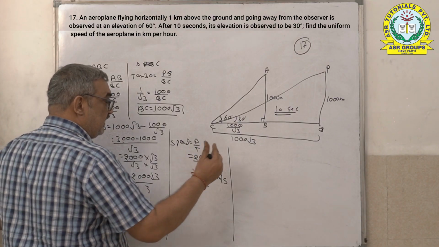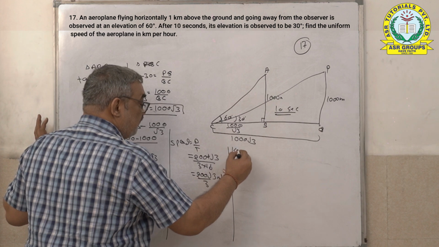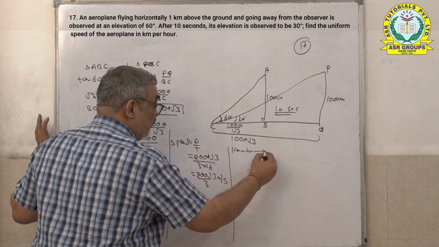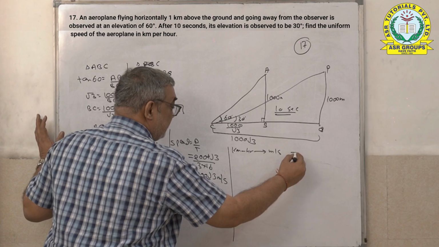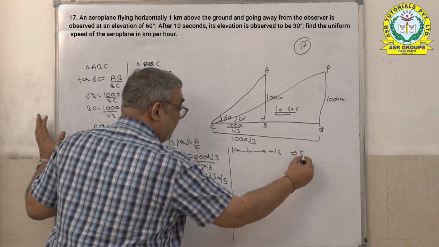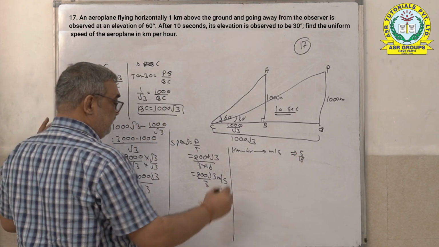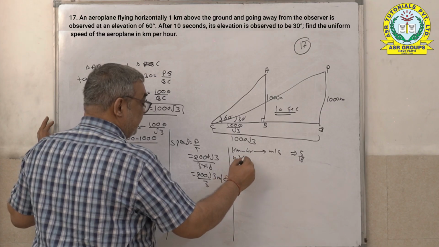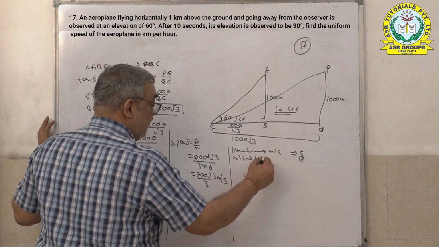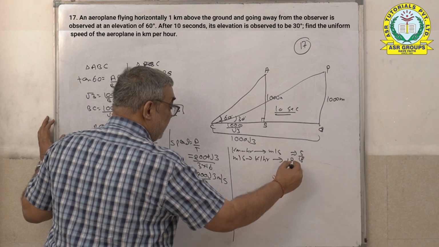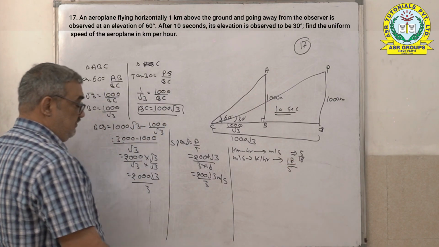From kilometer per hour to meter per second, we multiply by 5 upon 18. Meter per second to kilometer per hour, we multiply by 18 upon 5. So remember this.